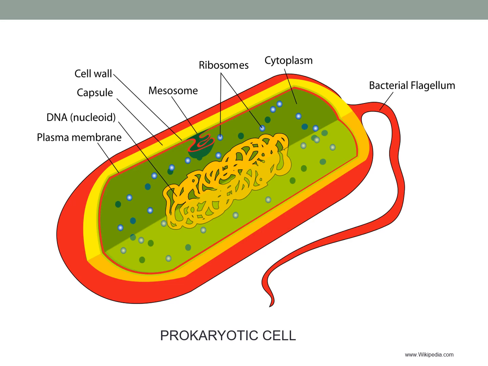We see cytoplasm. It's a fluid material that is present inside the cell. And if a prokaryotic cell is motile, it has a flagella. So flagella is a locomotory organ here. We also see mesosomes in the prokaryotic cell and a capsule.